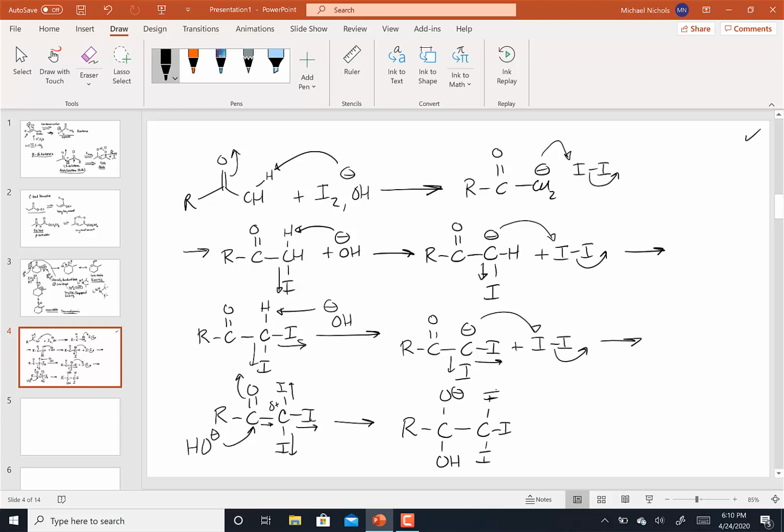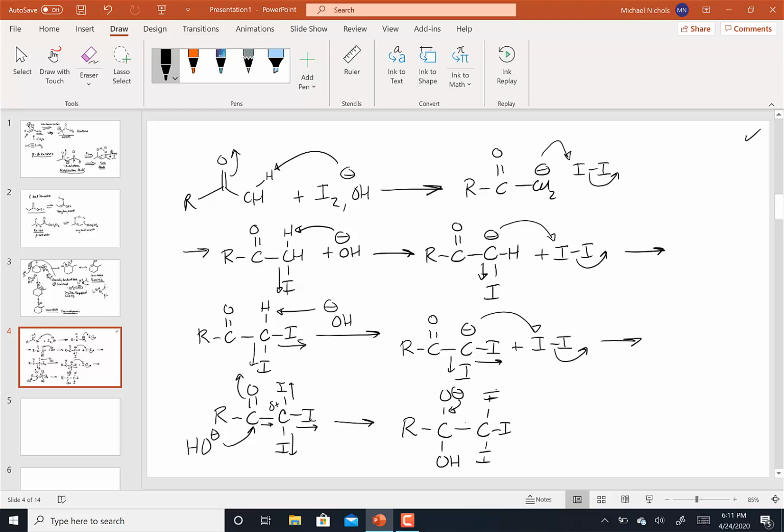Now, once I add the hydroxide to the carbonyl, I get an O-. How many times have we said this semester that O- is going to want to bring its pair of electrons down, but it needs a good leaving group? Well, guess what? The 3 iodines attached to the carbon are going to make it a good leaving group.